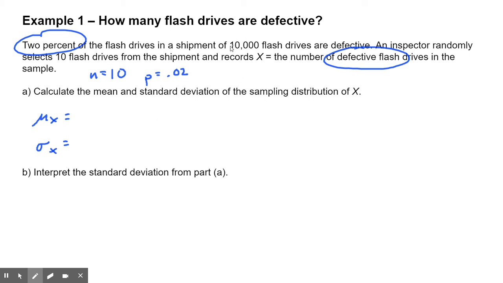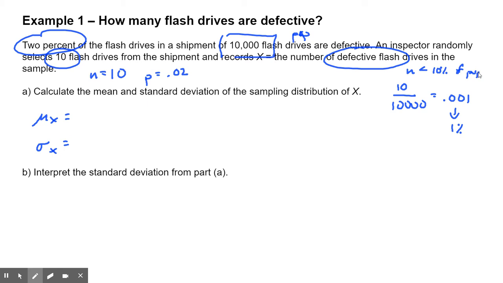Before I get into this, I also want to show you this idea of 10% of the population. So in this case, the population is 10,000. That's our population. And our sample size is 10. That's our n. So if you take 10 divided by 10,000, you're going to get 0.001. That is 0.1%. The sample size n is less than 10% of the population. So we're good to go.